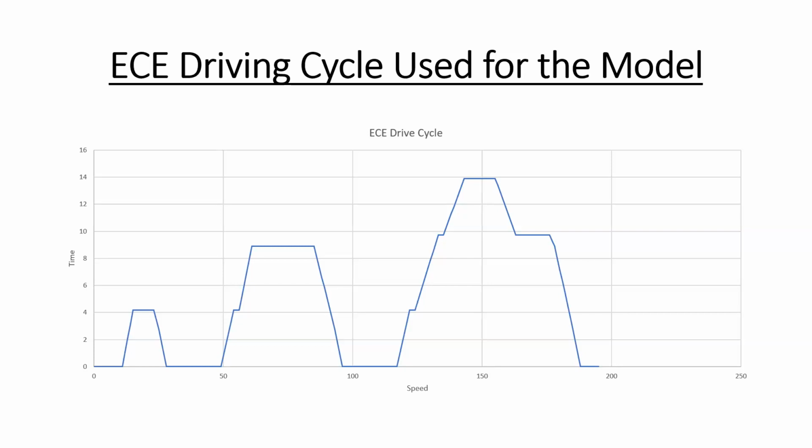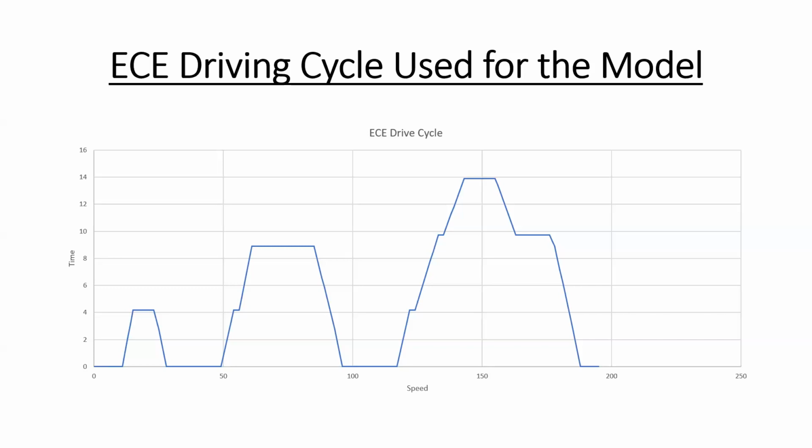So we have tried to replicate some sort of that unmanned behavior in this particular EV model. By using this drive cycle, which is a graph between speed and time, we have given various speed values, in the form of Excel, or you can understand X and Y components, so that we can make this particular drive cycle graph.